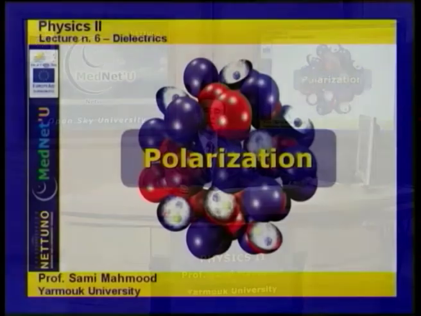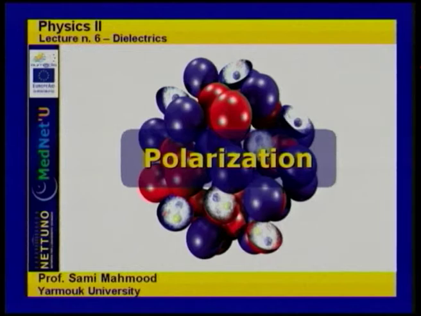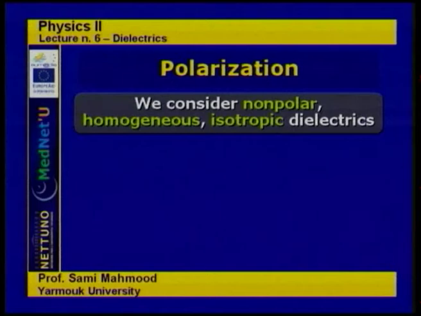Now we move to the concept of polarization. When we apply an electric field, the material is polarized due to the separation of charges. And we consider, to begin with, a non-polar material, which is not polarized to begin with. The charges are not drifted from one another. And we consider a homogeneous material.